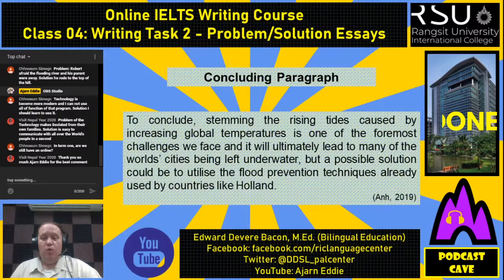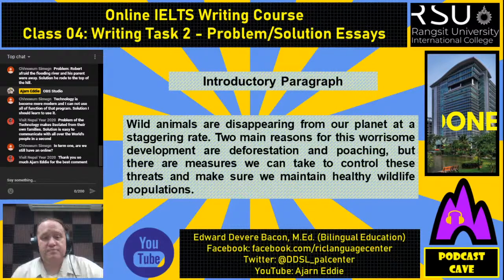One thing I do like about the second essay is that it gives you a little tease. It tells you the problems, the reasons behind the problems, and then it tells you, hey, I've got a solution, but I'm not going to tell you what it is. You have to wait and read it.